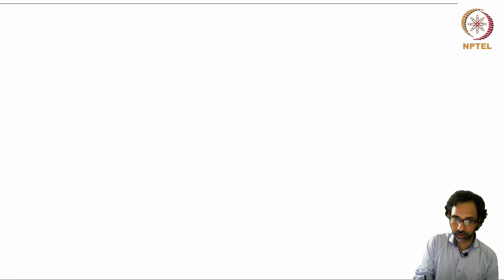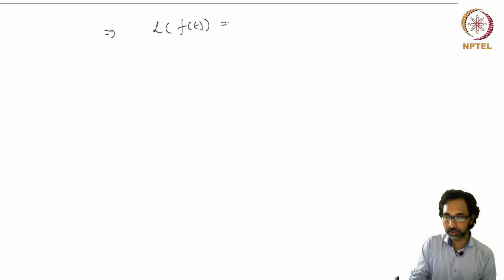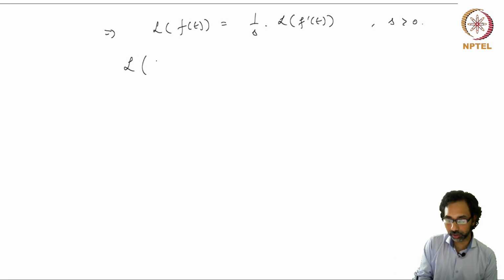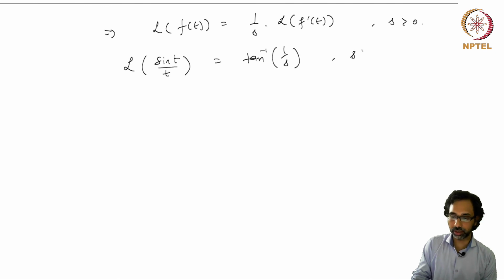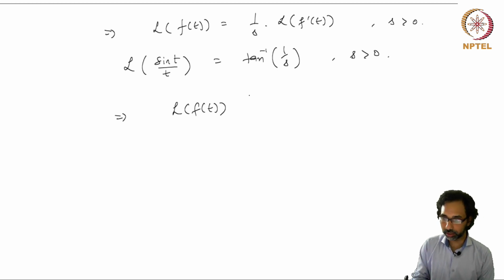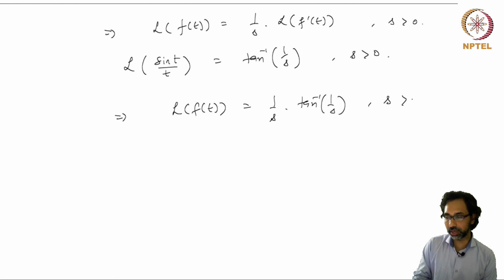Therefore we get that the Laplace transform of f(t) is 1 over s times the Laplace transform of f prime(t), and this is valid for s greater than 0. Now remember that we have already computed the Laplace transform of sine t over t, and this was nothing but tan inverse of 1 over s for s greater than 0. So this implies that the Laplace transform for the sine integral is nothing but 1 over s times tan inverse of 1 over s, valid for s greater than 0.